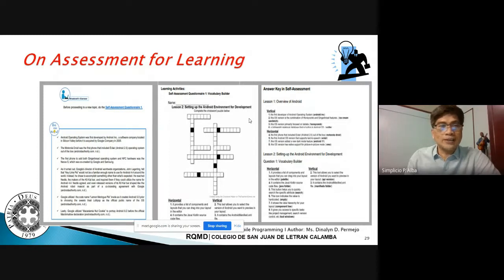So as you can see there, you have the Students Corner, the learning activities, an example of which is the vocabulary builder. And the good thing about this learning activity, you have the answer key in self-assessment.